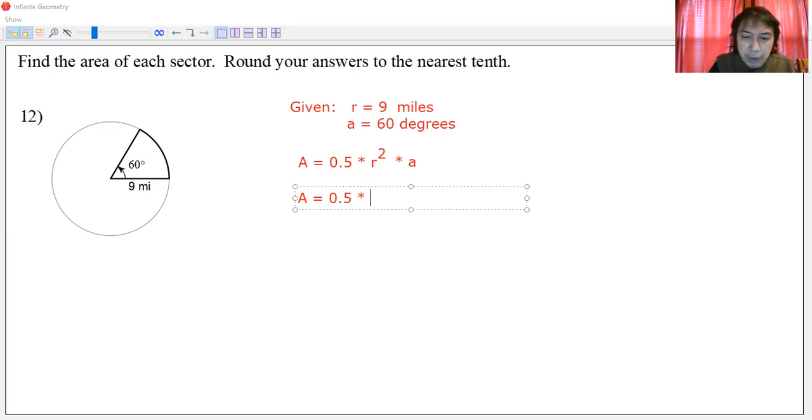All right, so area is equal to 0.5 times r squared. That will be 9 squared multiplied by the angle 60, but 60 is in degrees, okay? So we need to convert this to radians, okay? So we need pi radians divided by 180 degrees.